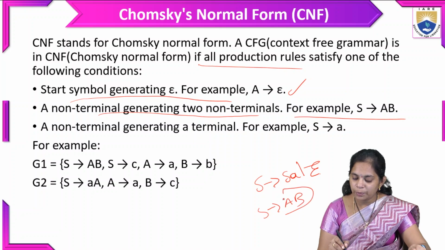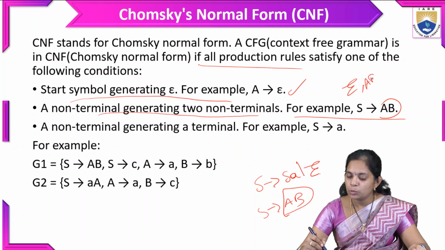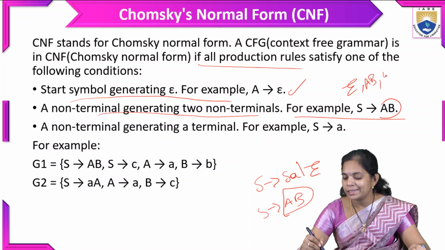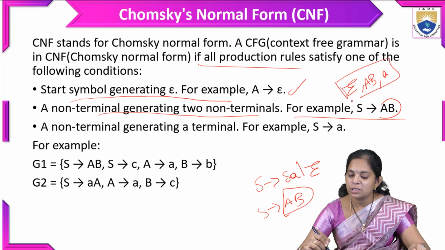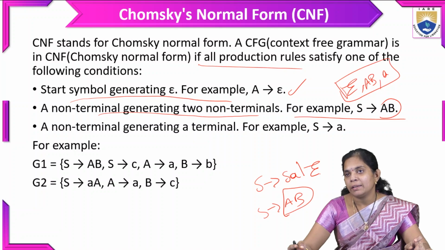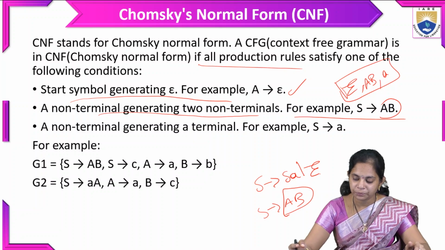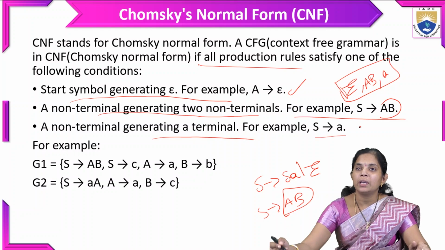So here the production rules are always like this only. Either epsilon is acceptable, two non-terminals AB is acceptable, and a single terminal is also acceptable. These are the three conditions we need to follow for the CNF, Chomsky normal form. And generating a terminal, so S tends to a.